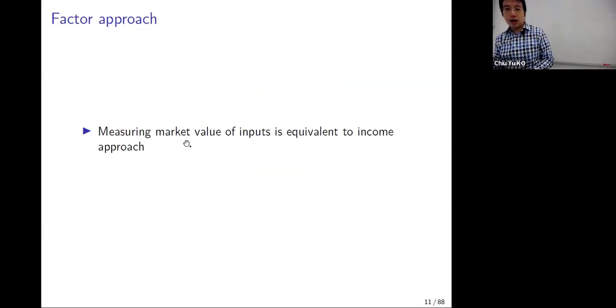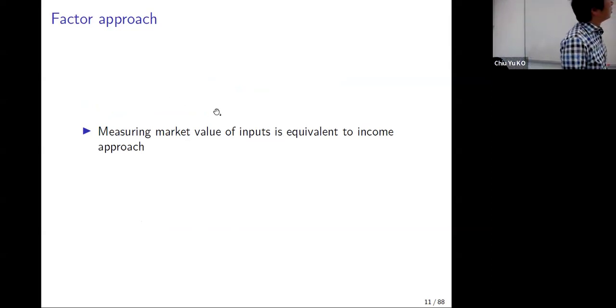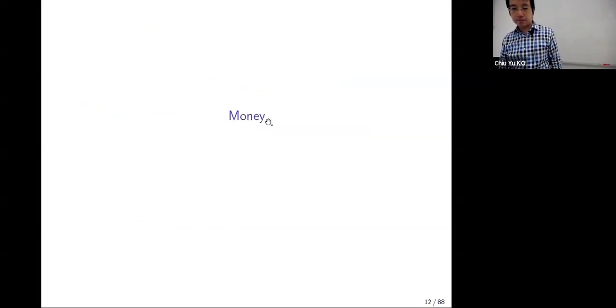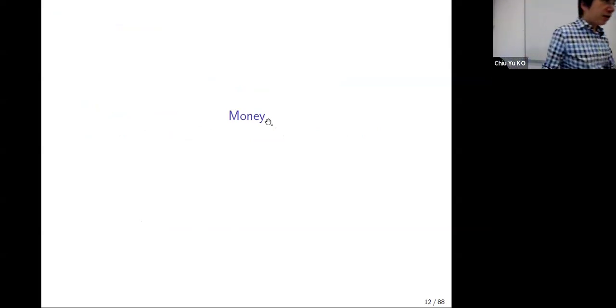Now, the other one is called the factor approach. The factor approach looks at the income approach you're saying. That's the same, in that we know how to analyze GDP, because that's the standard way we look at it.